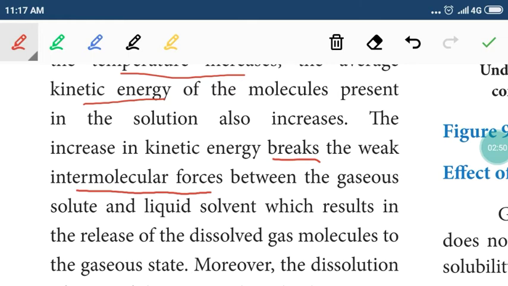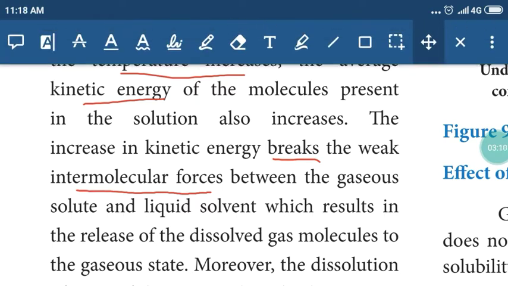So solubility decreases with increase of temperature for this type of solution because kinetic energy of all the molecules is increased, collisions are increased, so the interaction between the solute particles and the solvent particles will be disturbed and it is broken.